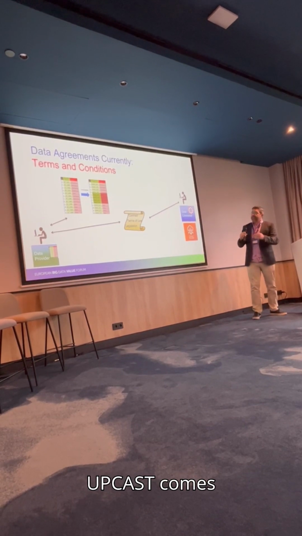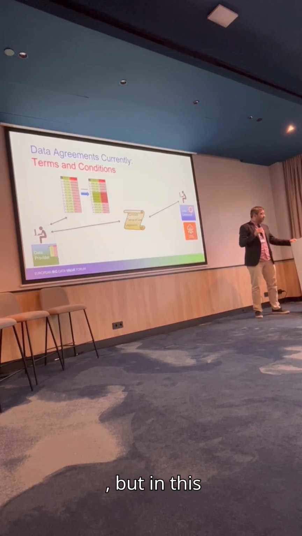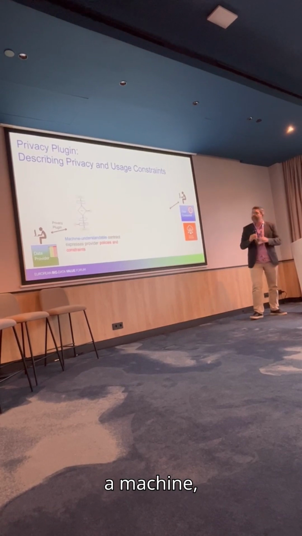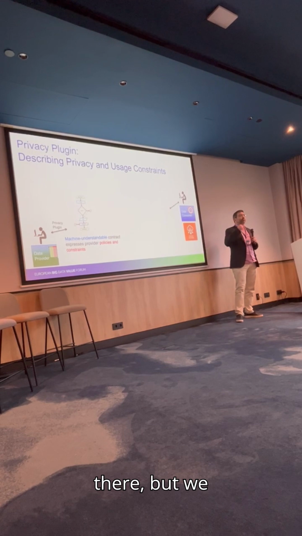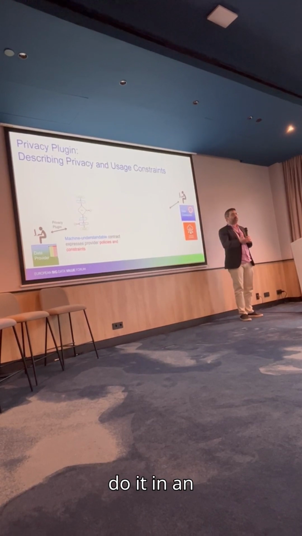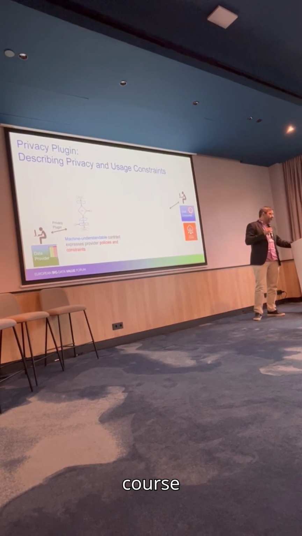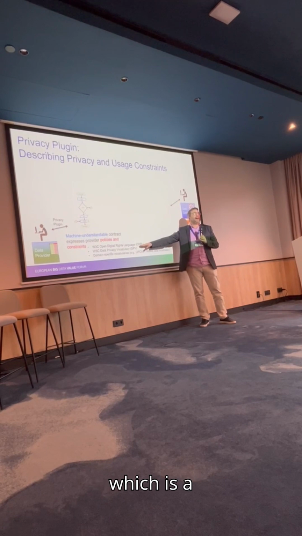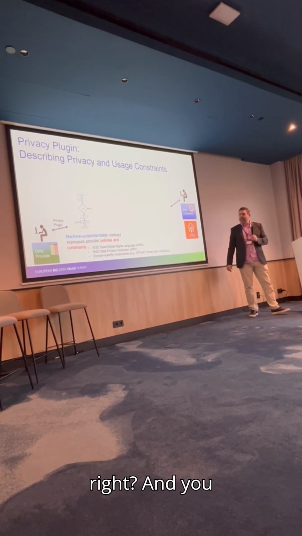So UPCAST comes in here. We build a number of technologies, but for this particular problem, we are going to offer, through the privacy plugin, simply a machine-processable language for modeling your privacy policies, right? There are many out there, but we are trying to do it in an intuitive, useful and interoperable way. We are, of course, building on existing standards, such as ODRL, which is a mature approach to policy languages, right?